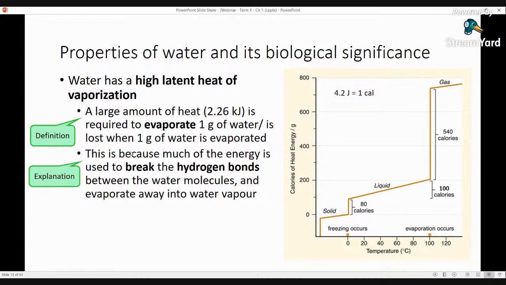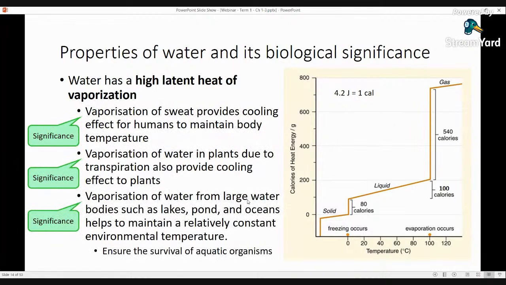The explanation is similar to that of specific heat capacity. They require energy to break the hydrogen bonds between the water molecules and evaporate away as water vapor. As for the significance in organisms, I listed 3 here. First, vaporization of sweat provides a cooling effect for humans to maintain body temperature.